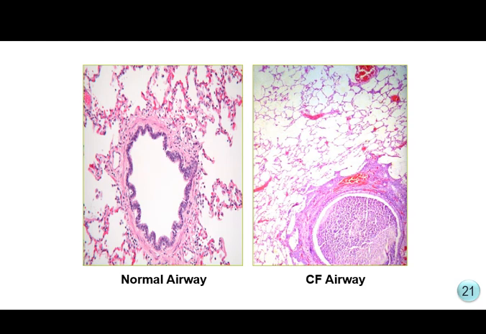Should be very pinkish. If you see a lot of purplish dots in your extracellular matrix, that means you have immune cell infiltration into that section. So this one is your airway, your lumen is right here. And it's very pinkish and purplish in here. That's mucus built up in here.